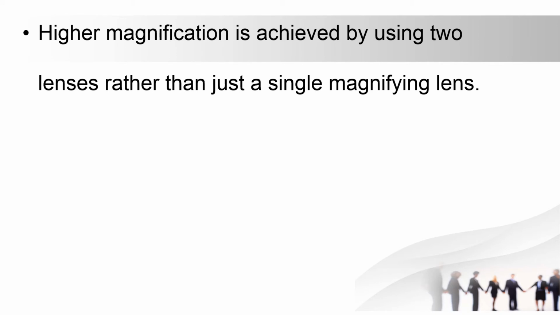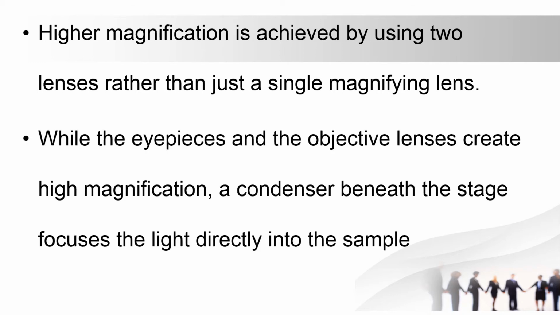High magnification is achieved by using two lenses rather than using a single magnifying lens. While the eyepiece and objective lens create high magnification, the condenser beneath the stage focuses the light directly into the sample under review. We are going to look at what the condenser is in another lesson, but now we are focusing on the compound microscope and then its parts.